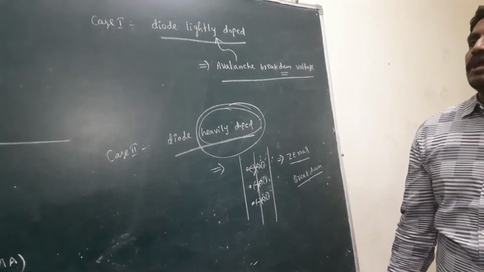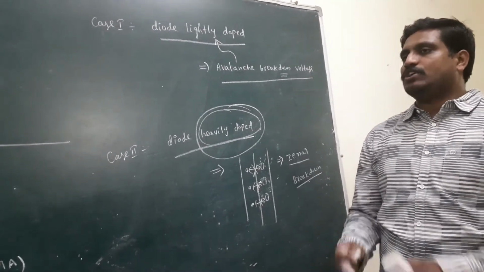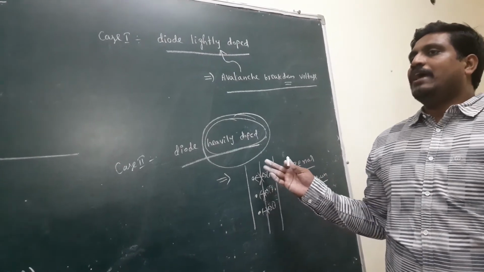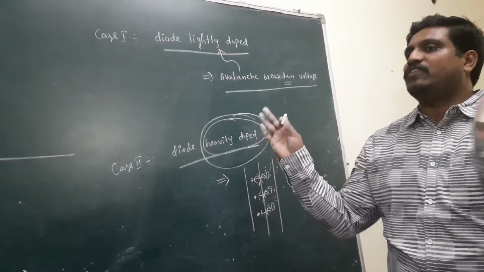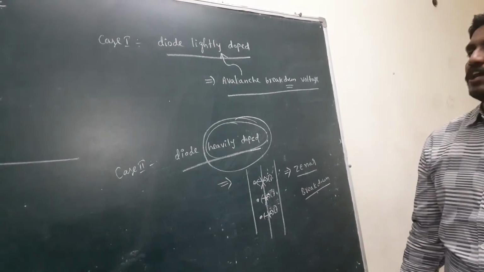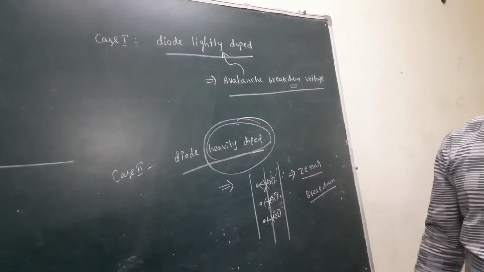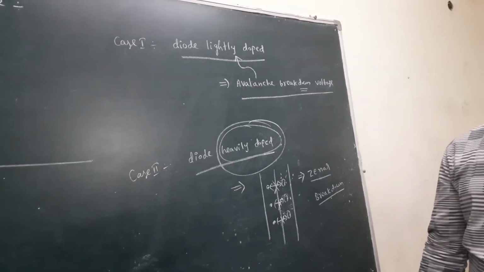Automatically in the depletion region the covalent bonds break, there are no bonds, so these minority charge carriers move freely, and we get more current at a particular voltage. That particular voltage is called the Zener breakdown voltage.